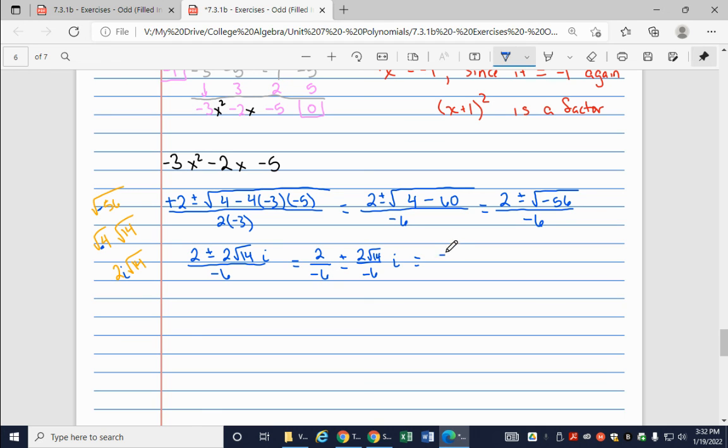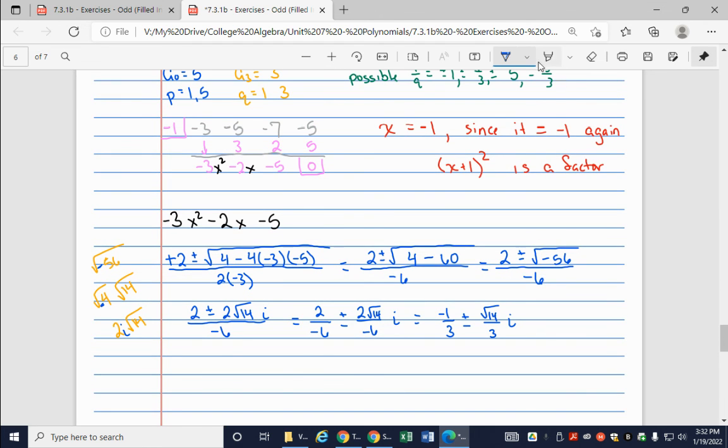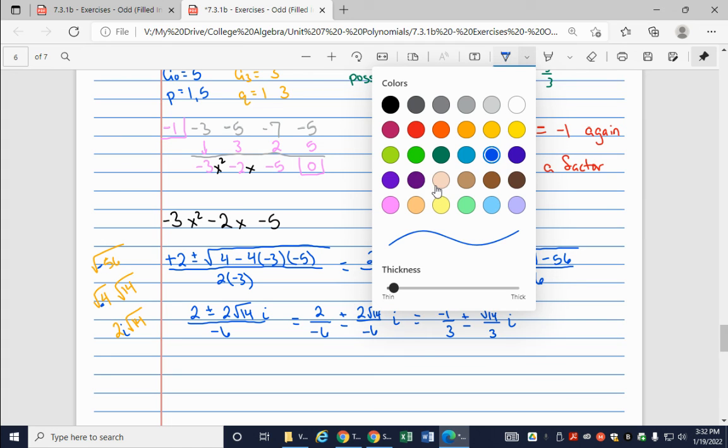2 over negative 6 is a negative 1/3 plus or minus. Now this negative 6 just turns that one to a negative and that one to a positive, so it stays the same. 2 over 6 is 1/3, so square root of 14 over 3i. That's my second solution. So my solutions are x equals negative 1.